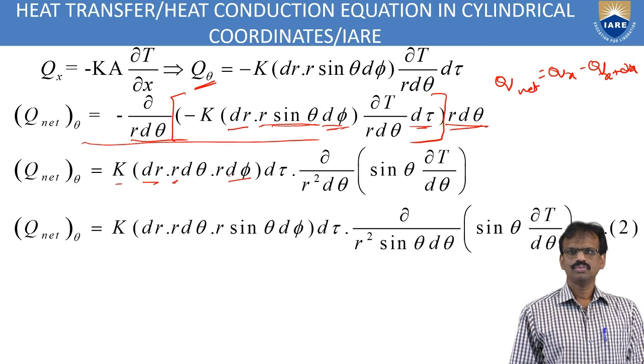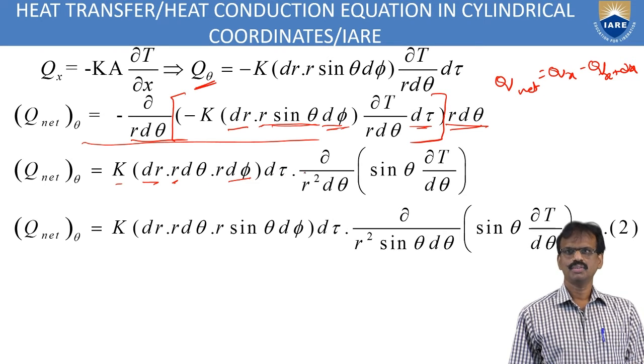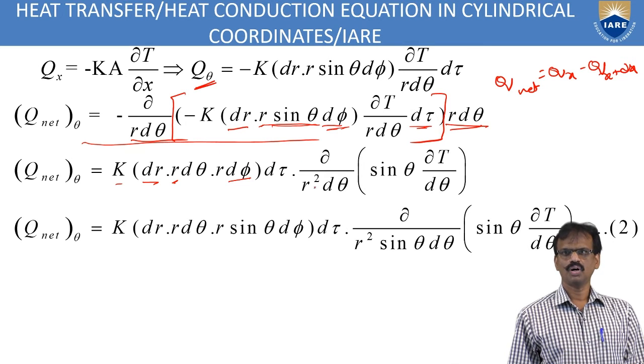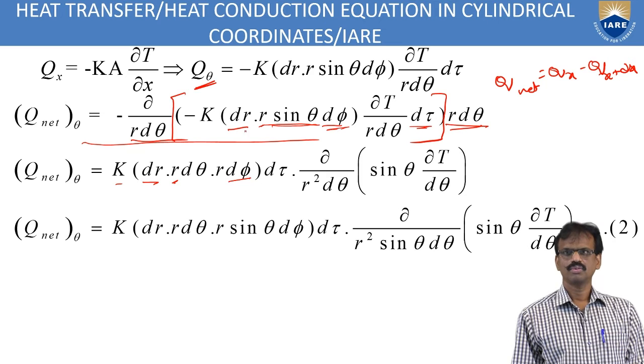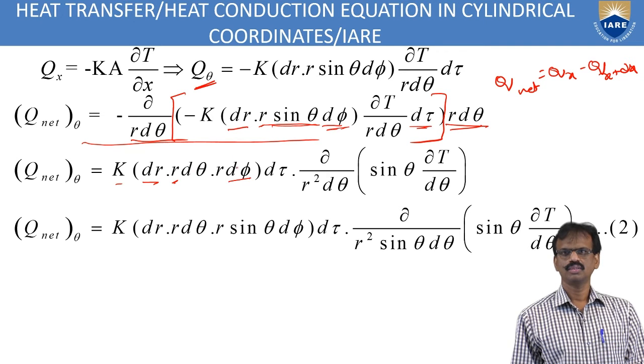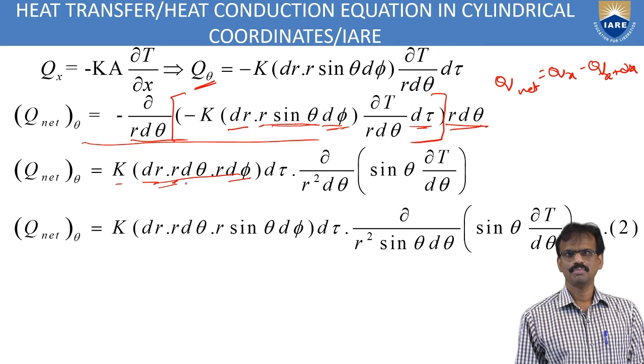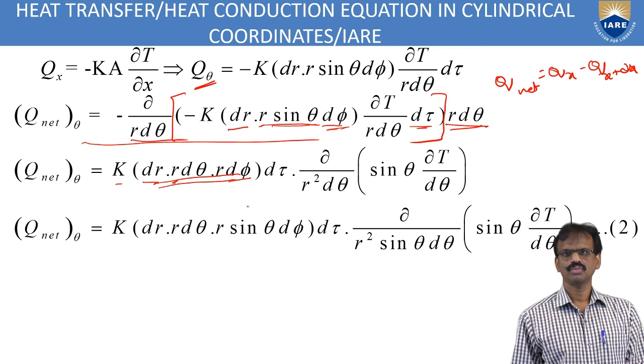Into d tau. One more step is dou by r d theta into sin theta dou T by dou theta. For the complete volume we require r sin theta.